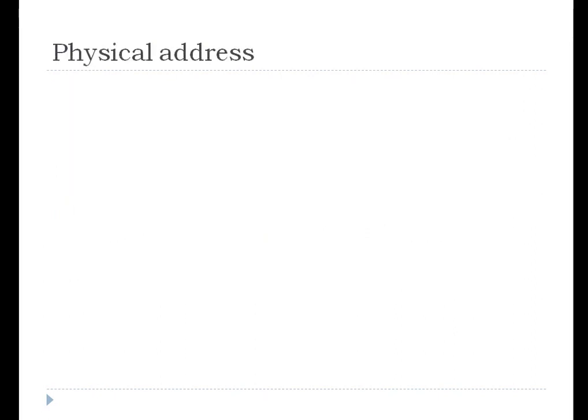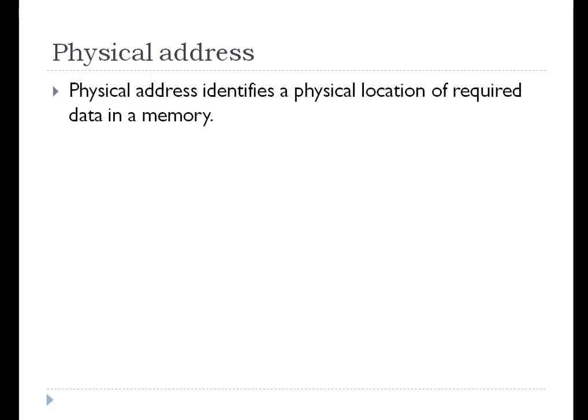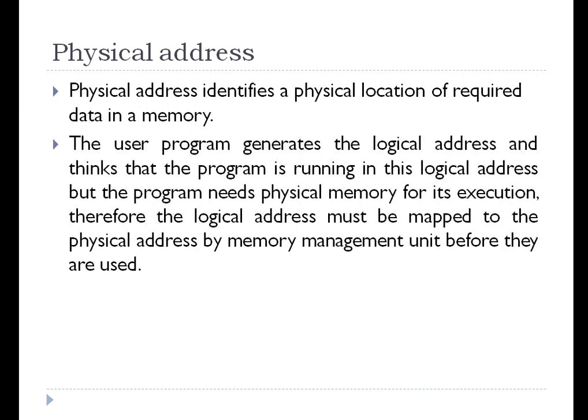Next we shall see what is a physical address. A physical address identifies a physical location of required data in memory. Okay, this address will be actually available in the memory. The user program generates the logical address and thinks that the program is running.